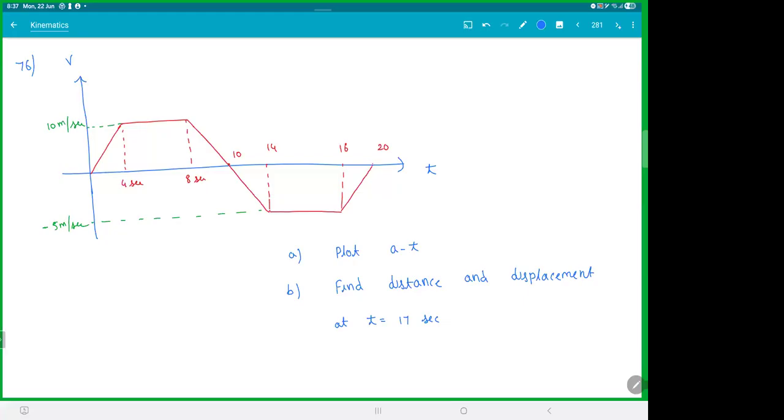I think I goofed up the numbers. Just wait. Yeah, I goofed up the numbers. This has to be 2, because this triangle won't match. The base should be 2. It was not necessary also, I guess. Then this triangle would get messed up.